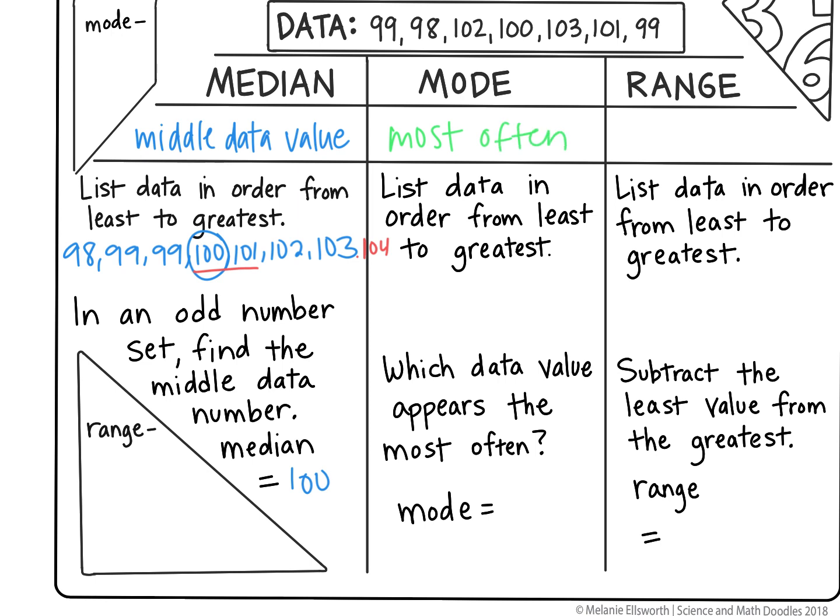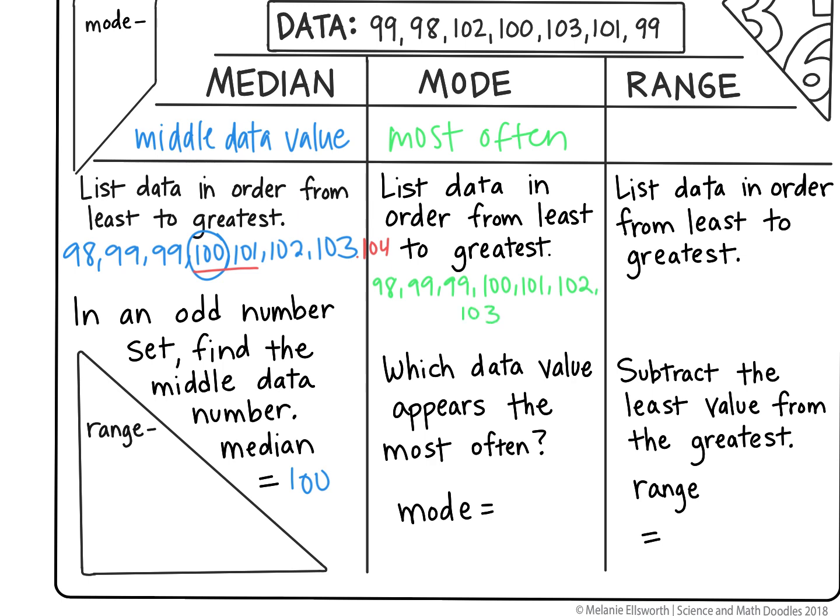Just like I did median, I have to start out by listing all of my data in order least to greatest. So when you have mean, median, mode, range problems, the best thing to do is just go ahead and take that data, put it all in order least to greatest. So I have 98, 99, 99 again, 100, 101, 102, and 103.